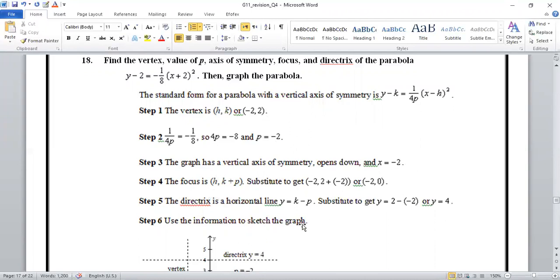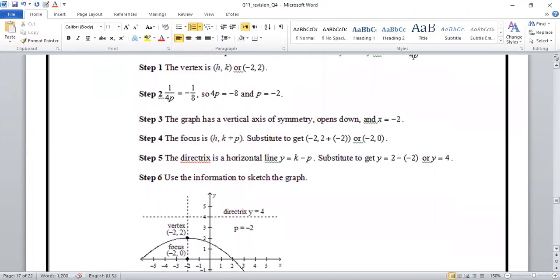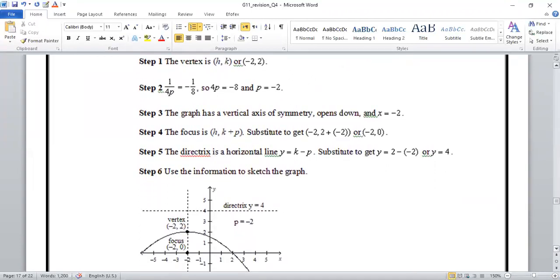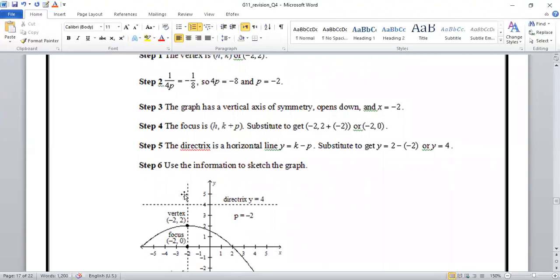The focus is on x equal -2, which passes through the vertex.